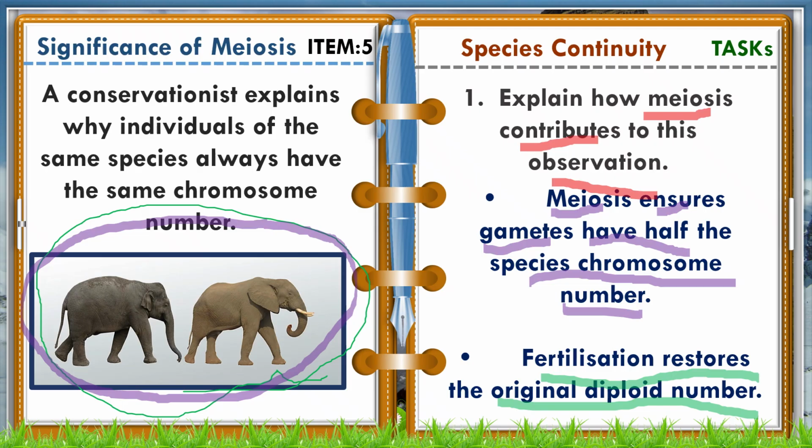So meiosis ensures the gametes carry half the species chromosome number, and fertilization restores the original diploid number by bringing the haploid gametes together, each bringing half the number of chromosomes, and then they become the diploid number, going back to the original diploid number of the parent.